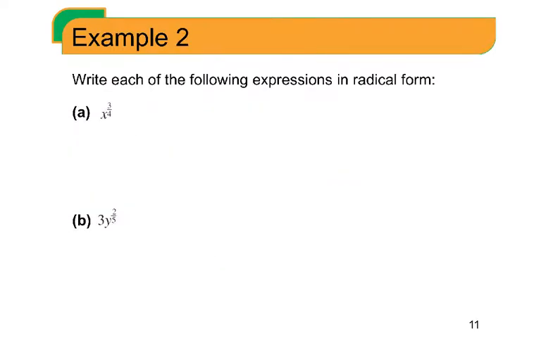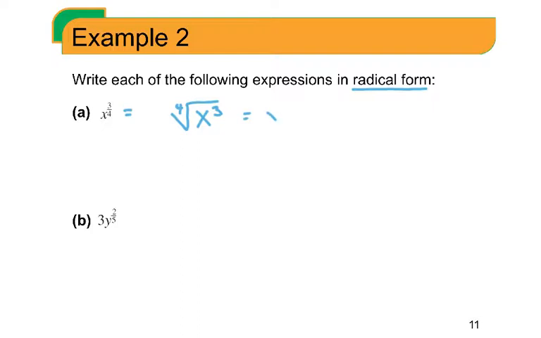Now, we're just going to use variables instead of numbers, and we're just going to write it in radical form. So this would be the fourth root of x cubed. That's the simplest way to write it.